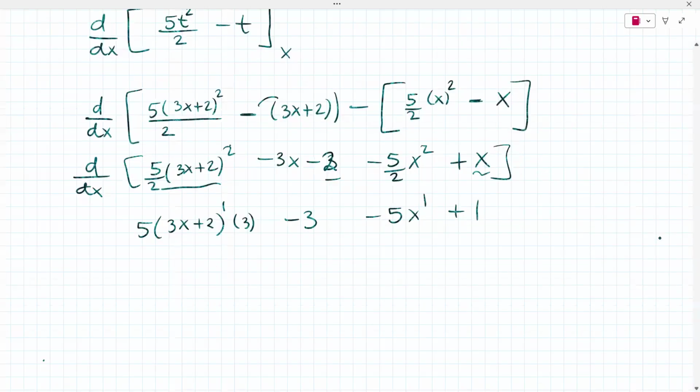So go ahead and follow this out. 5 times 3 is 15, and then you have 3x plus 2, minus 3, minus 5x, plus 1.